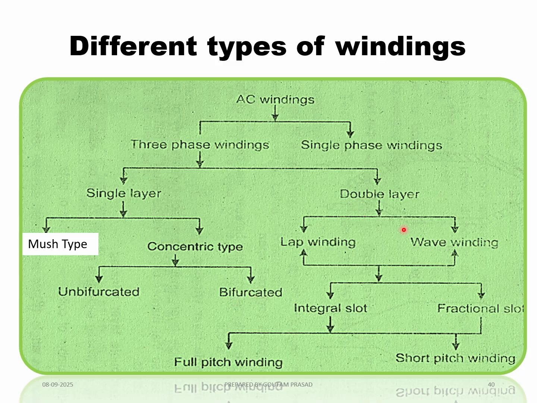A double layer type could be lap winding or wave winding, and this lap winding or wave winding is again subdivided into two parts: integral slot winding and fractional slot winding. Integral slot winding and fractional slot winding are again subdivided into two parts: full pitch winding and short pitch winding. So we will see all this in the subsequent discussion.